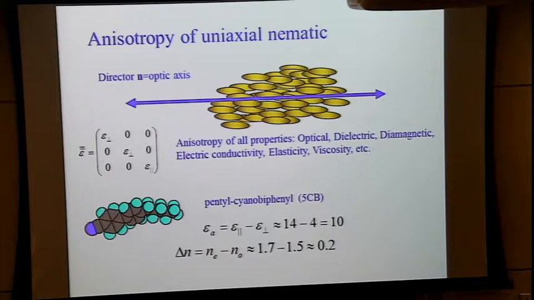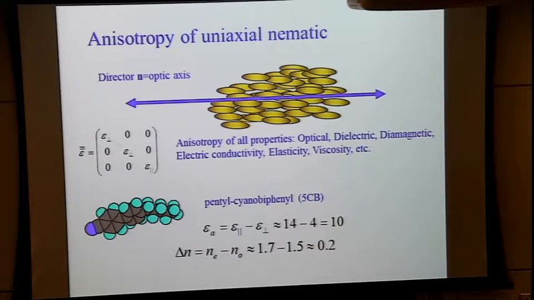That means that physical properties such as dielectric permittivity would depend on the direction along which you measure it. For example, you take a condenser and measure its capacitance. If it's filled with a liquid crystal in one geometry or in the other geometry, the result would be different.